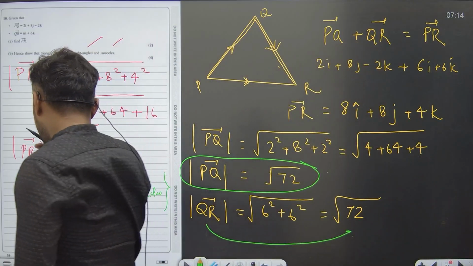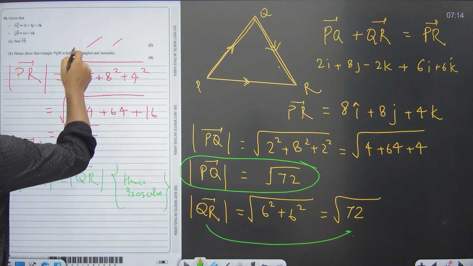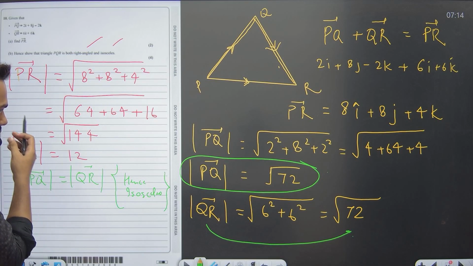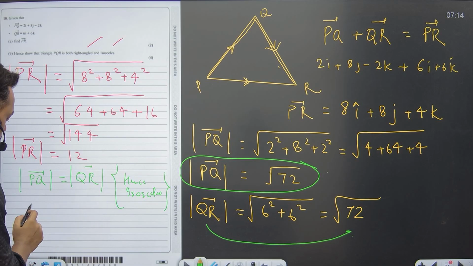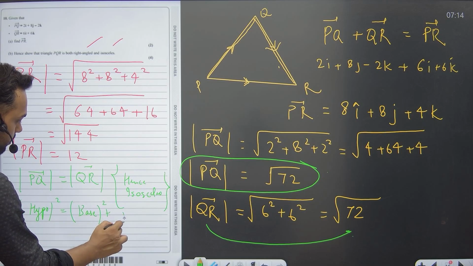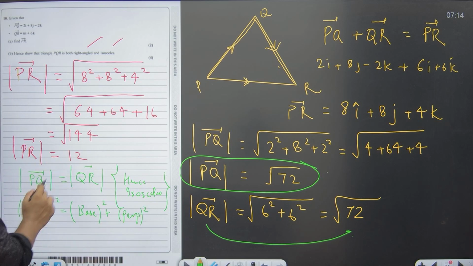Now according to this question, it is both right angle. For right angle, how do we know that it is a right angle triangle? We will be applying the Pythagoras theorem, students. Hypotenuse squared is equal to base squared plus perpendicular squared. What is the hypotenuse here?